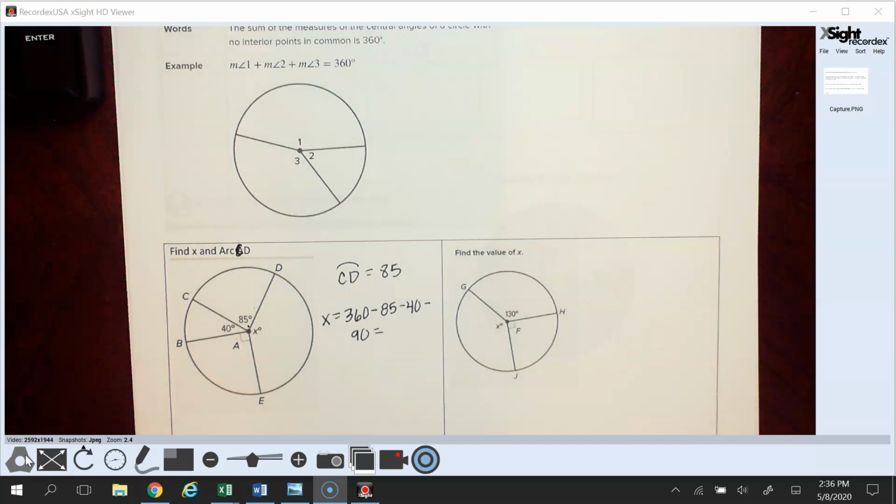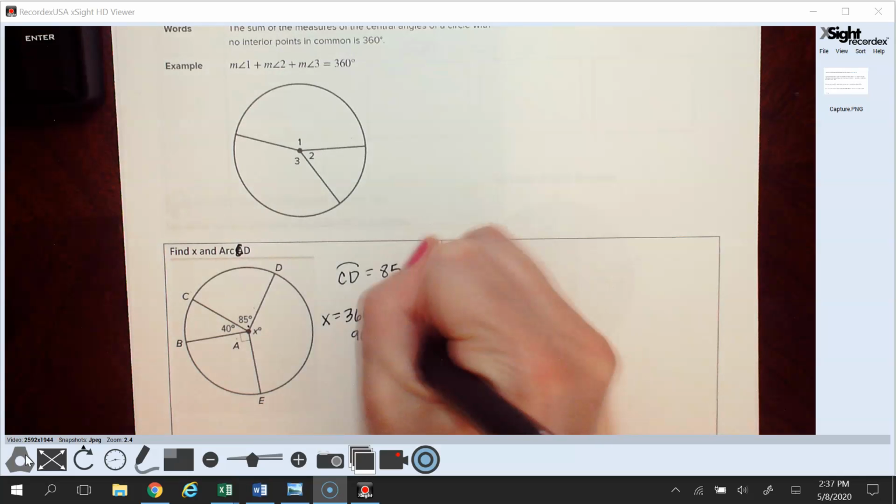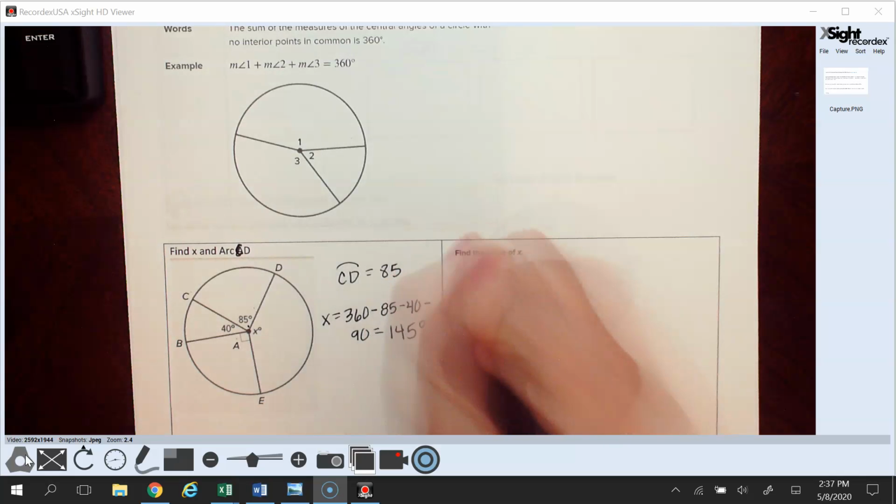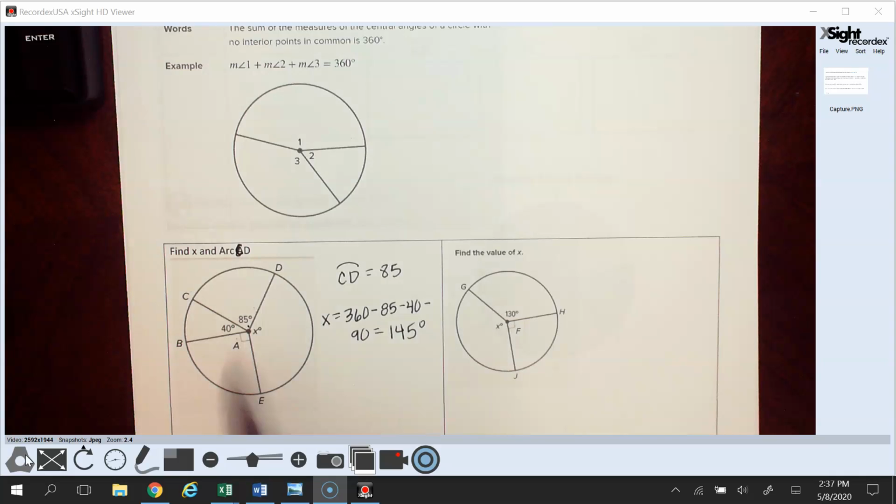Now some of you are very happy right now that you're not in class, so you don't have to write down that work. You can just type in the answer. But again, this is not necessarily one you would need to show a lot of work for. So I went ahead and put that in my calculator. I'm double checking the math and getting 145 degrees. So 360 minus 85 minus 40 minus 90.